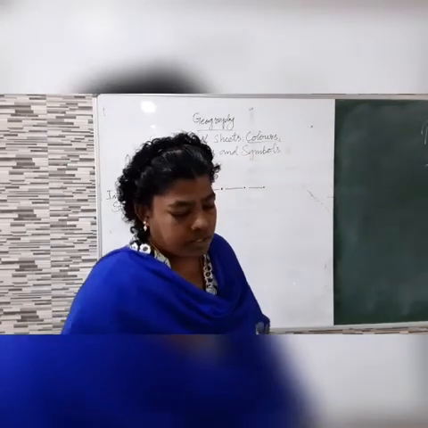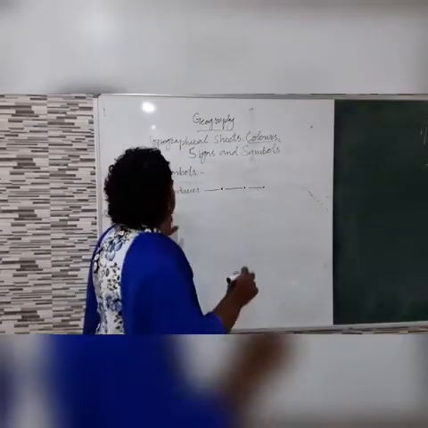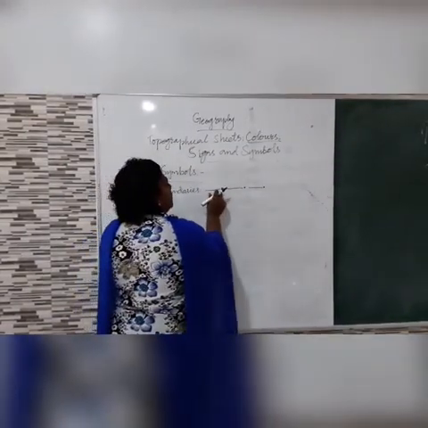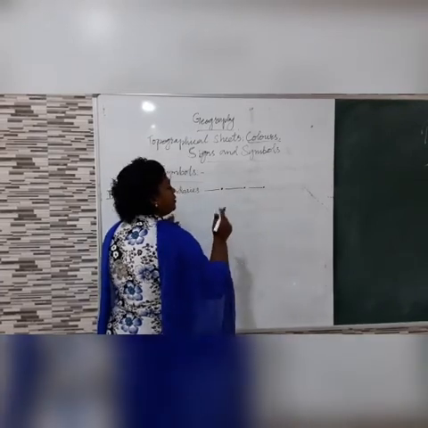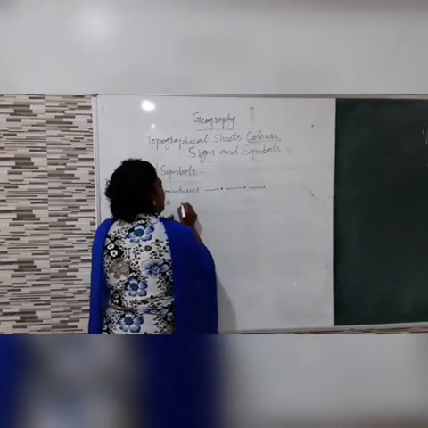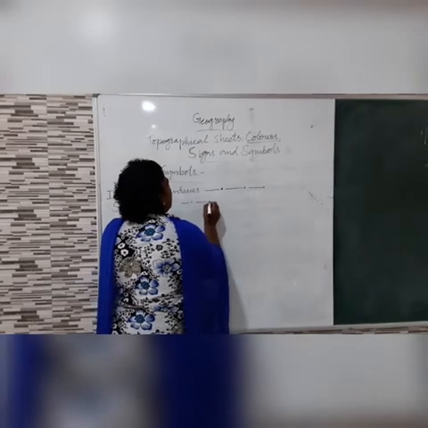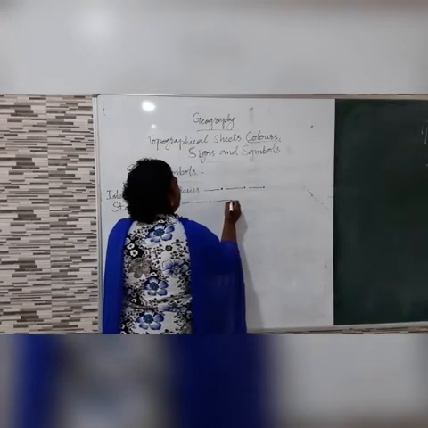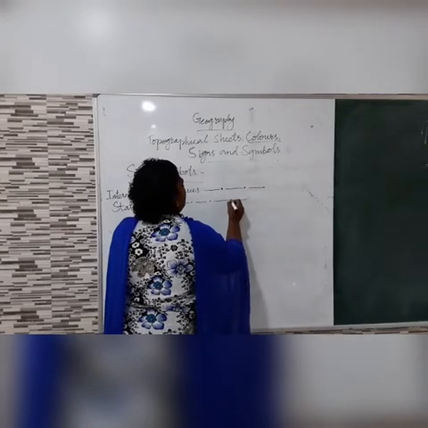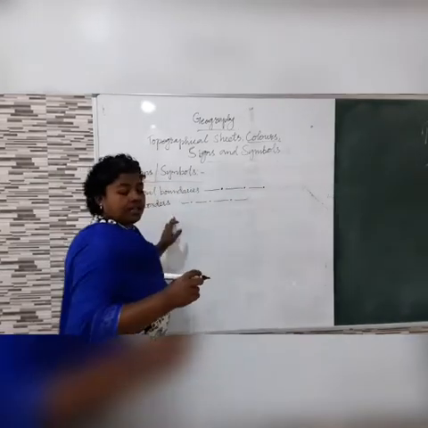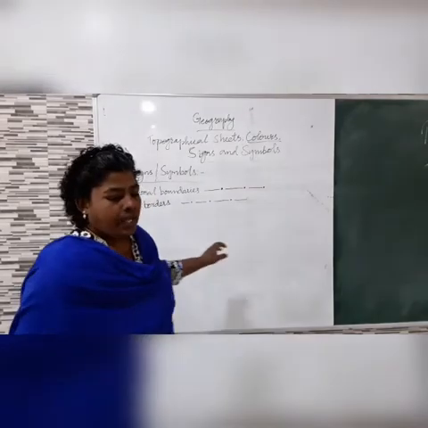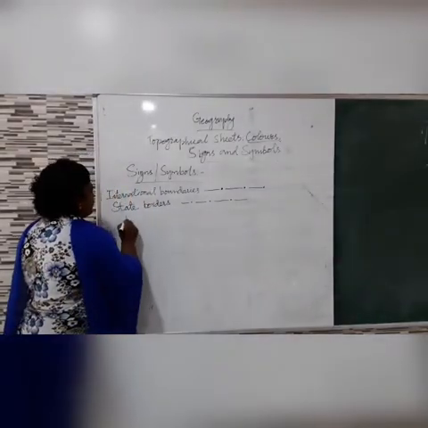The same dashes and dots will be used, but these dots and dashes will be in thin black color, and they will be kept a little further from one another. Did you understand, children? And district boundaries.